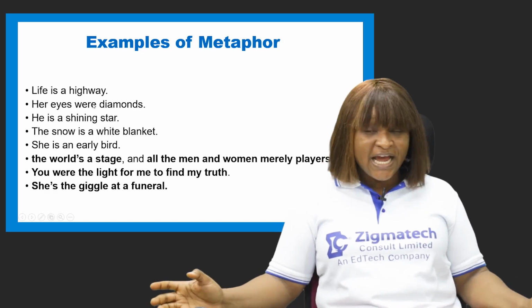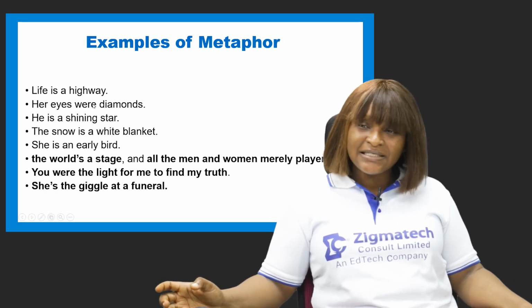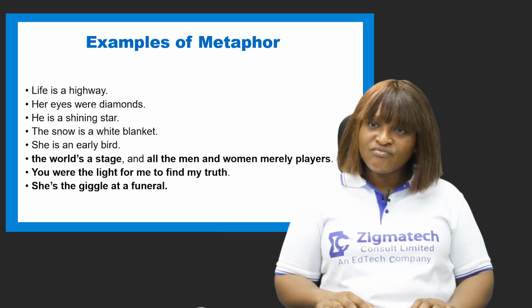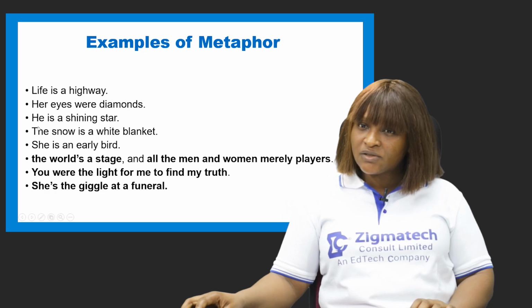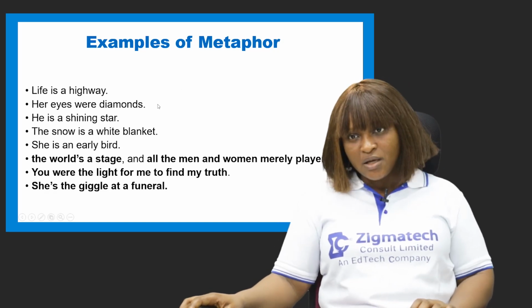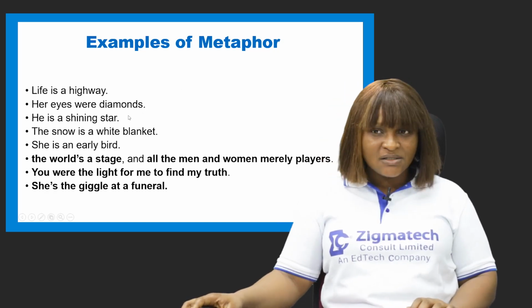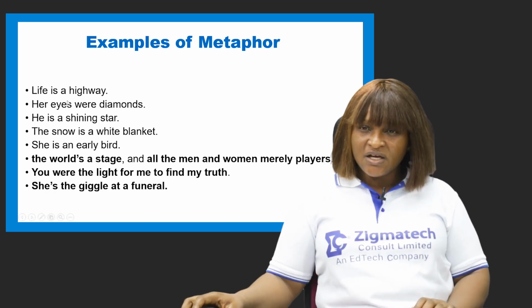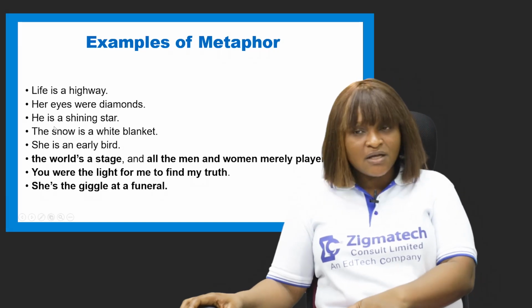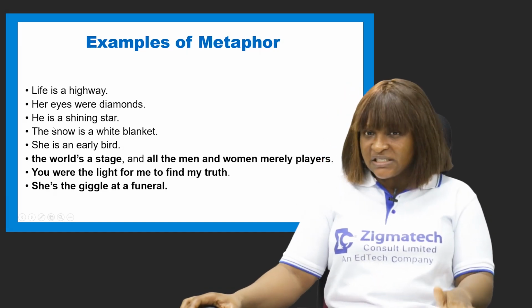Her eyes were diamonds. That means her eyes kept shining. I can easily say her eyes were like diamonds. That's simile. But once I remove the "like" or "as", I have formed a metaphor from that statement. So metaphor tells you that this is this, while simile tells you this is like this.